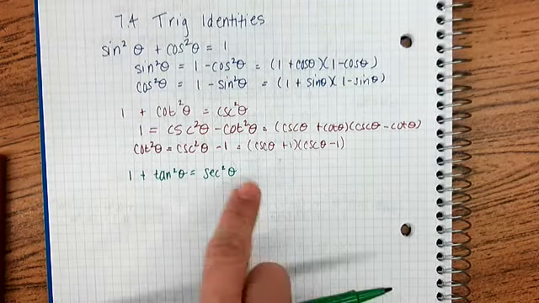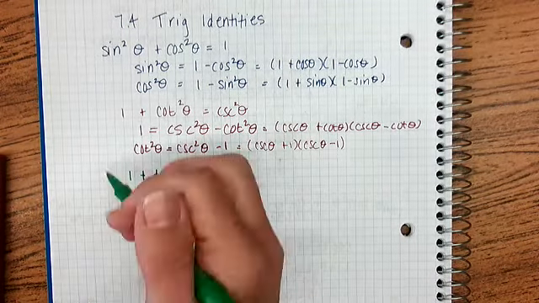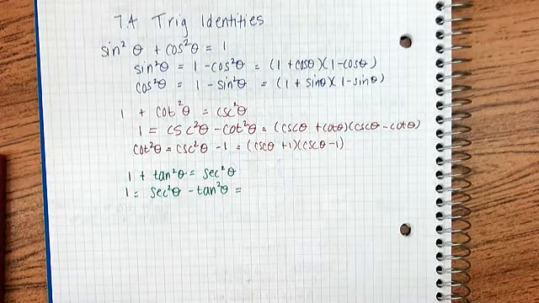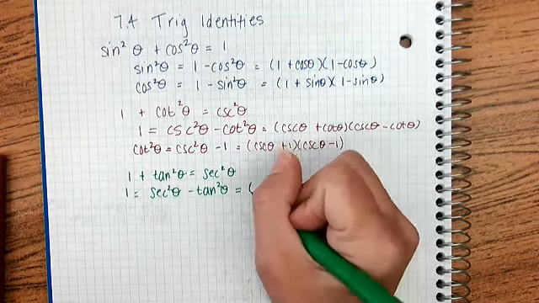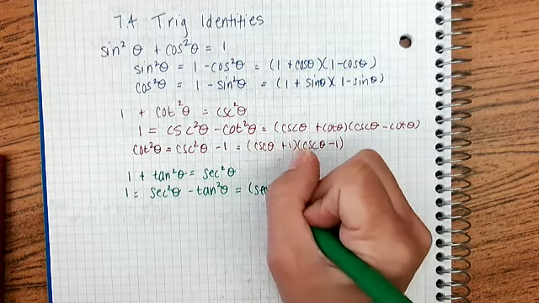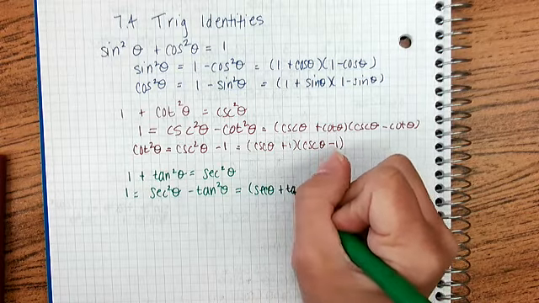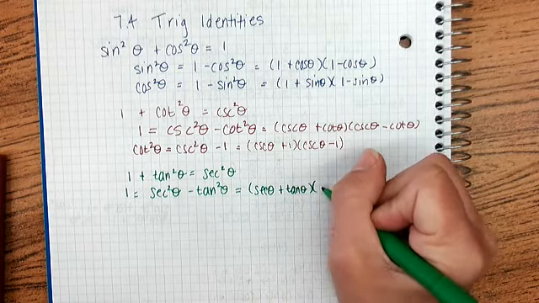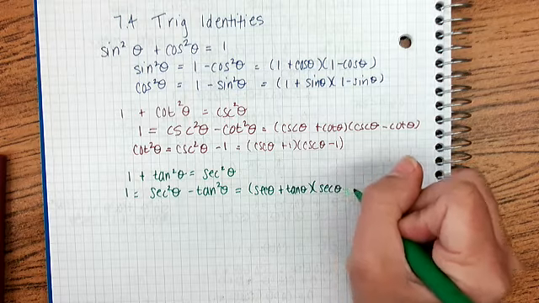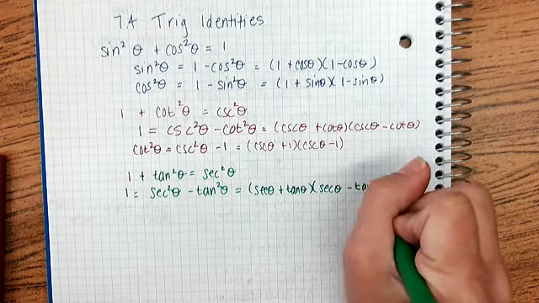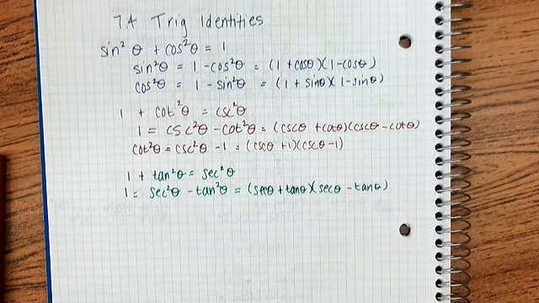Okay, subtract tangent squared from both sides. Again, difference of two squares: secant plus tangent. Don't say tan. Please don't say tan. Tan is not a mathematical term.